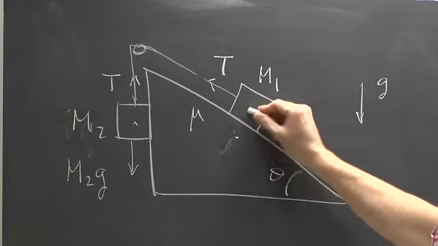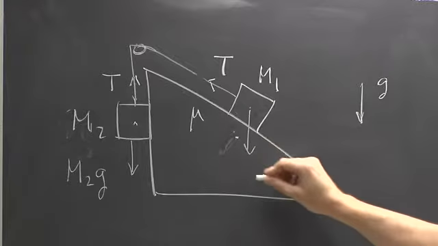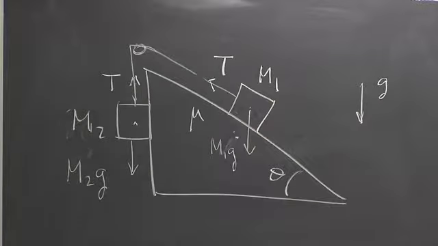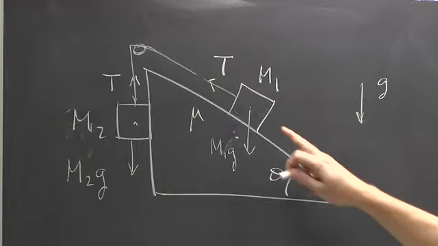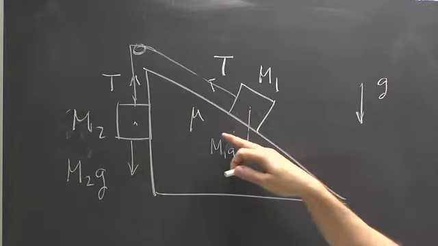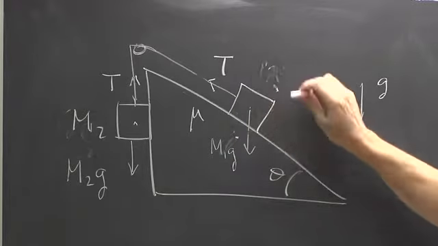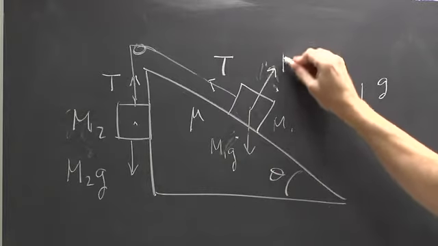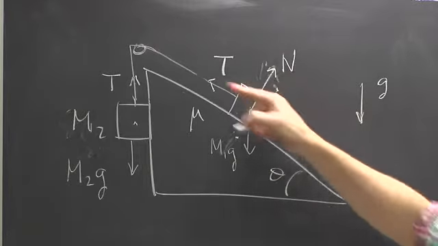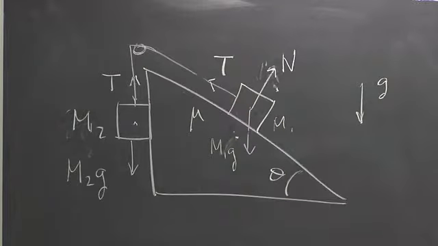Okay, you have gravity that again is pulling down this way. But of course, because this mass is resting on this plane, you have a reaction from the plane, right? So you have, let's call this N, that is in this direction, and then you have the tension that is pulling that way. Do you all agree?